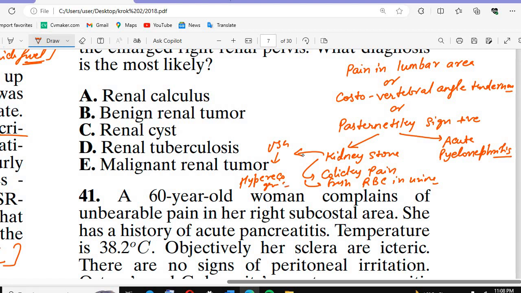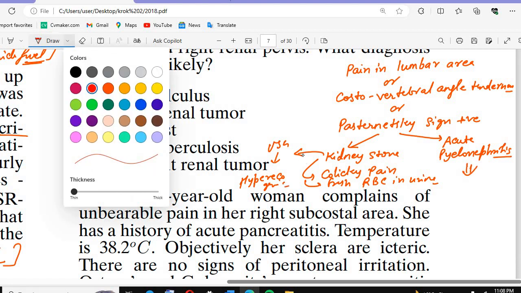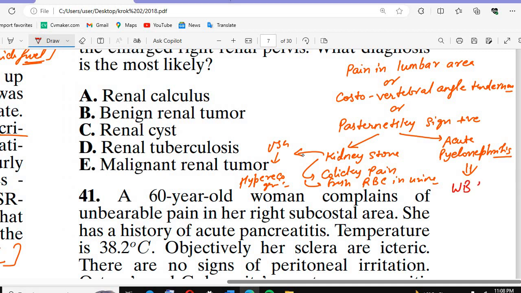Can you tell me in pyelonephritis which cells will be there? Yes, leukocytes, WBCs, will be seen in the urine. And in acute pyelonephritis, the most common cause is E. coli. Okay, so that you need to remember.